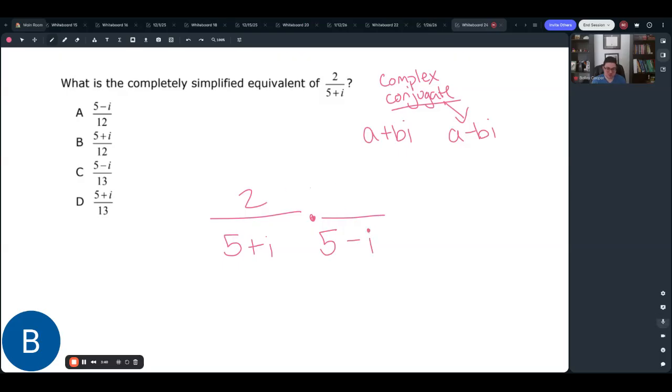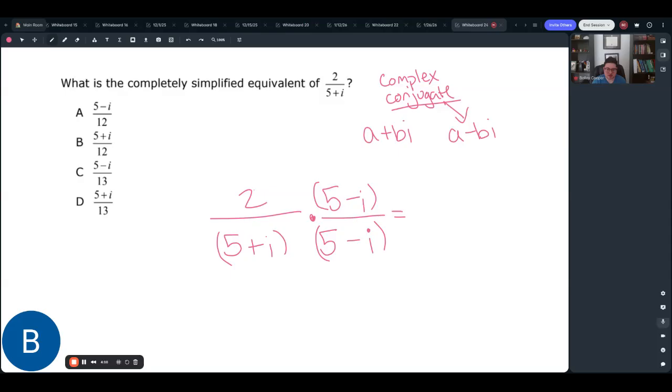And then, of course, we don't want to change the actual value of our original, so we have to do this on our numerator as well, so that we're multiplying by something that simplifies to 1 at the end of the day. And now we're just going to work this out. Whenever you have things being added or subtracted in numerators or denominators, I always go ahead and put them in parentheses because it's really easy to forget to distribute stuff if you don't, in my opinion.